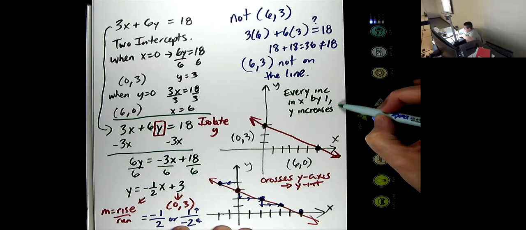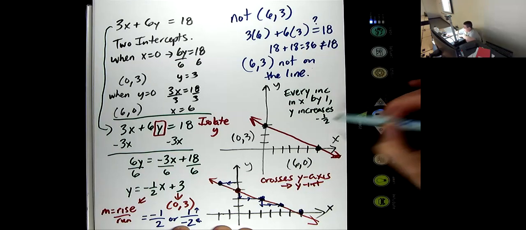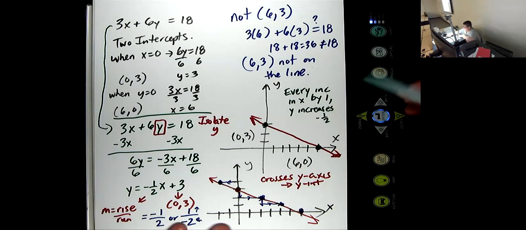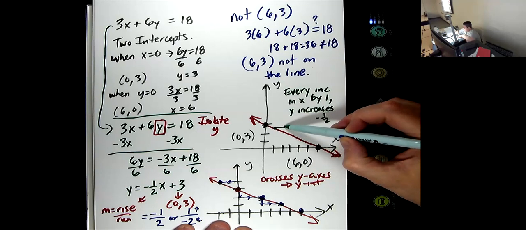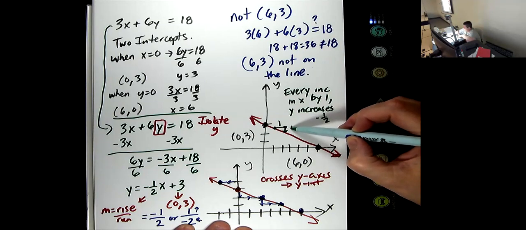In this case, negative 1/2. So if I'm here and I go right 1, I increase a negative value, which is actually decreasing. I go down 1/2.